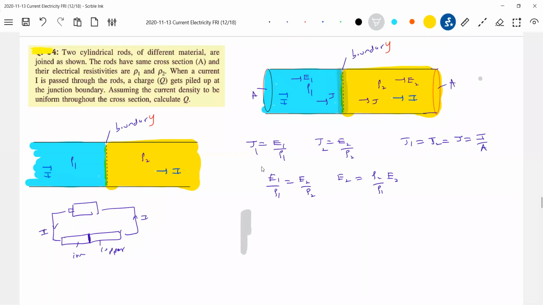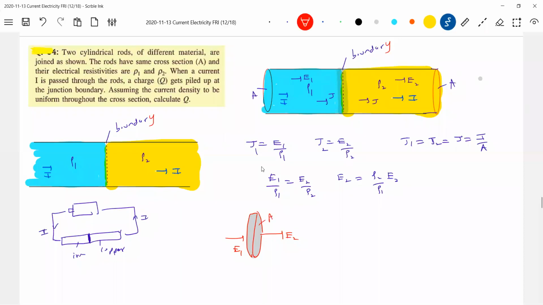So there's a boundary, no? So this is that boundary, having a surface. Here we have electric field E2 and this is E1, and let A be the area.